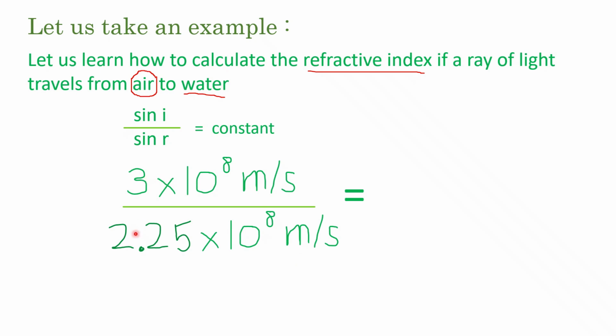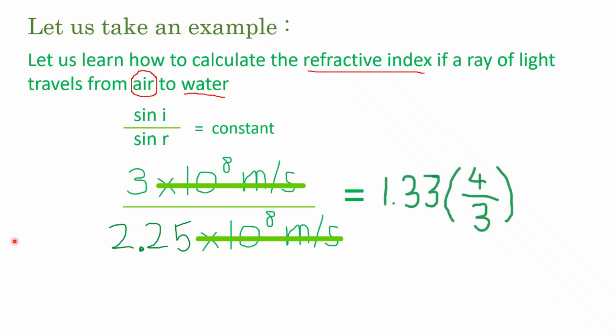And after writing this, now speed of light in air is 3 into 10 raised to 8 m s^-1, and speed of light in water is 2.25 into 10 raised to 8 m s^-1. Now we do normal division here, score out these two, and then we get 3 by 2.25, which is 1.33, or we can also write it as 4 by 3.